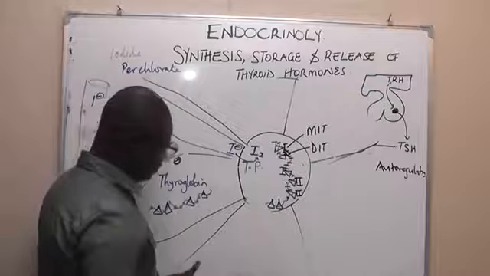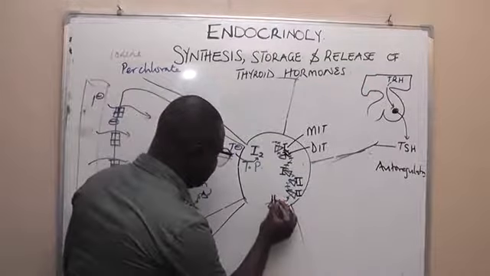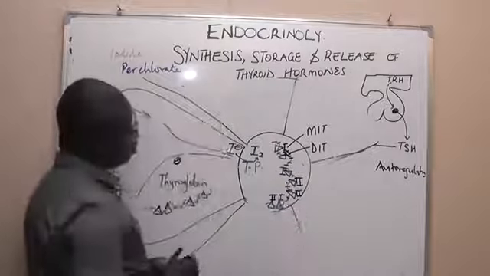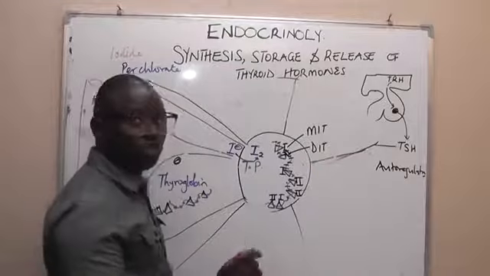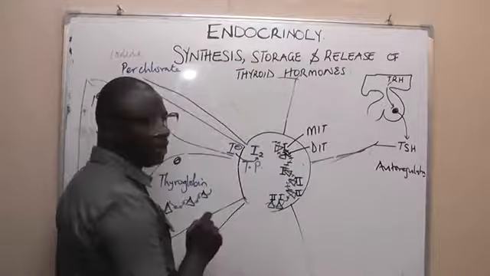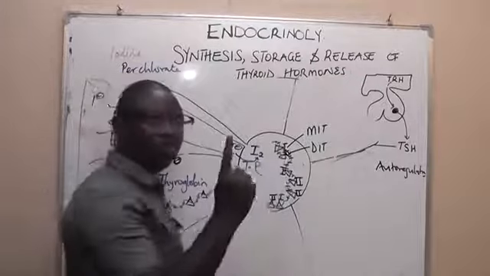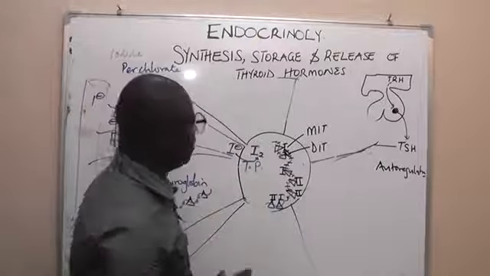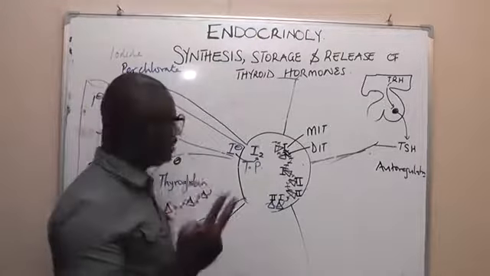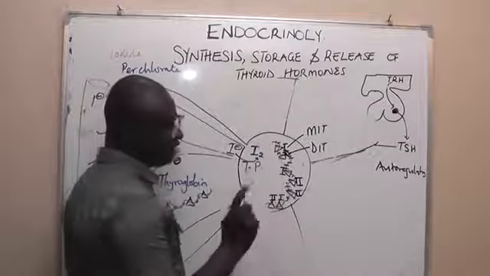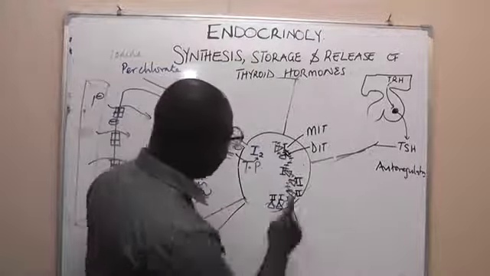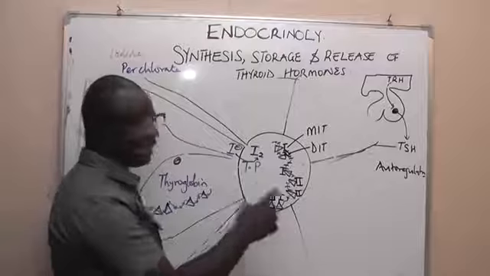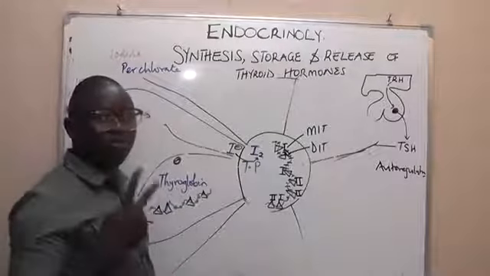So let's assume this is diiodothyronine and this is 1 iodine. So what are we seeing? That in iodination we attach iodine to our tyrosine. If we attach 1 iodine to 1 tyrosine, it becomes monoiodothyronine. And if you attach 2 iodine to a tyrosine, it becomes diiodothyronine. This activity is catalyzed by this enzyme, thyroid peroxidase.